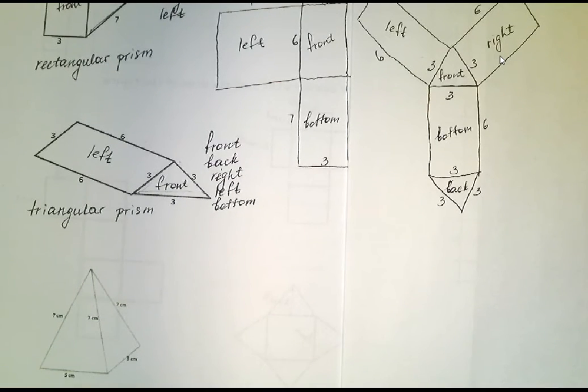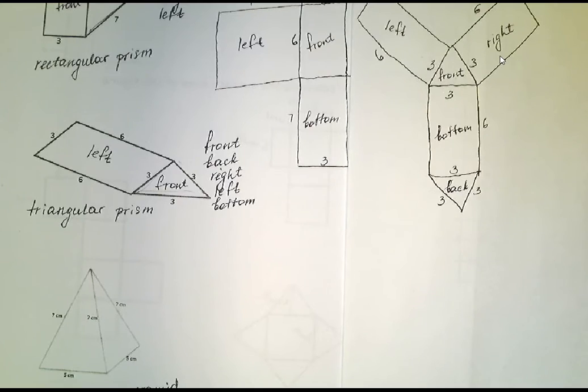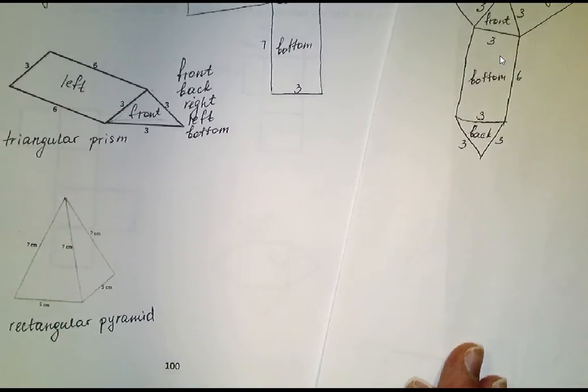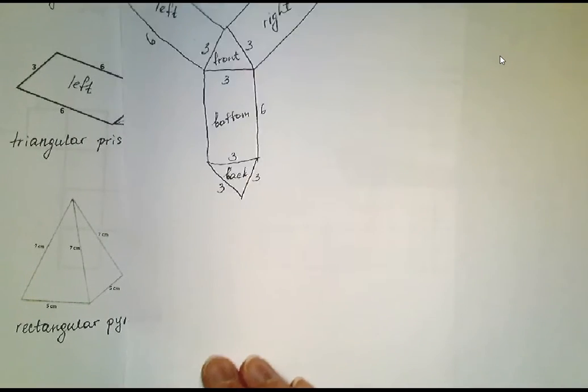Rectangular pyramid. Make sure you see the spelling, rectangular pyramid. It looks like this. And we are going to try to make the net of it.